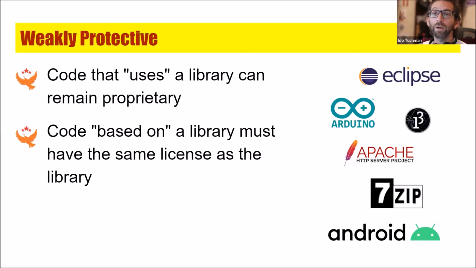But if your code is based on a library, then it must have the same license as the library. If your code modifies the open source library, it's considered based on the library, and you have to open source your library. You can't keep it proprietary.